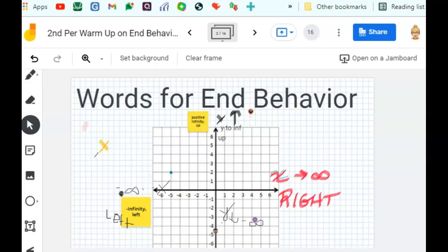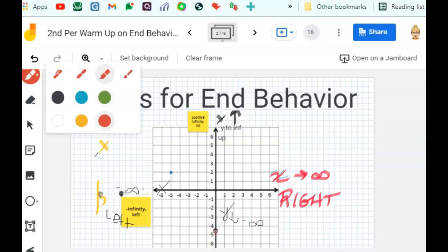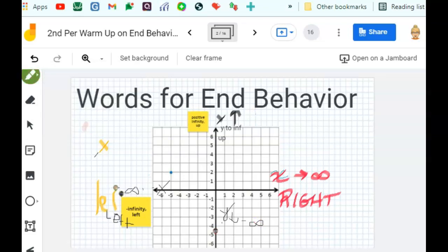Okay, and when we write this one, we actually write it in the order X approaches negative infinity, right? All right, some of you are doing grand for your first try. Some of you have maybe done this before. It's not super easy. All right, great job.